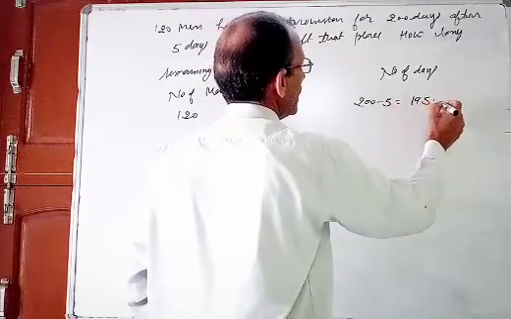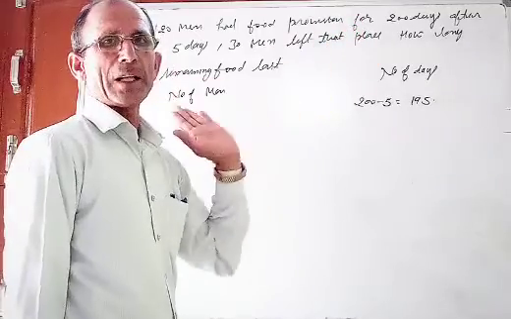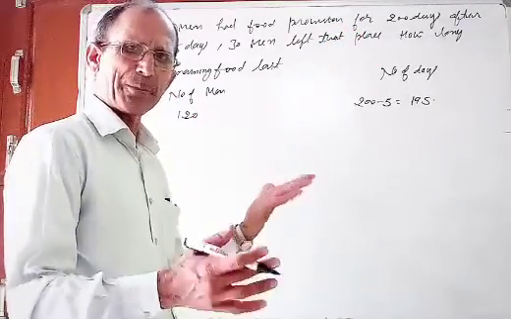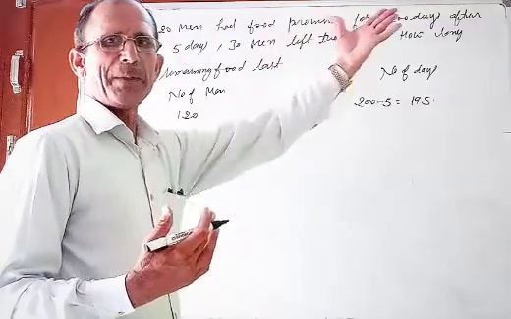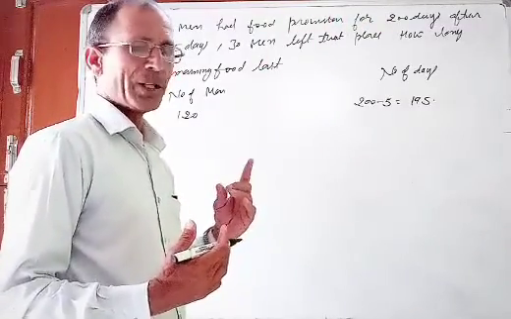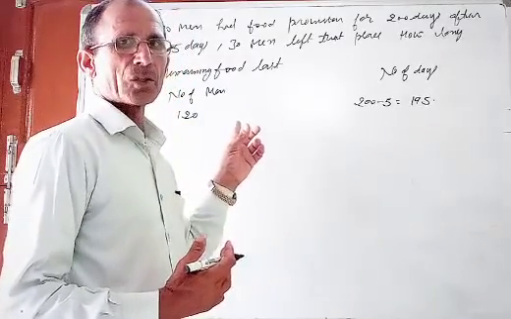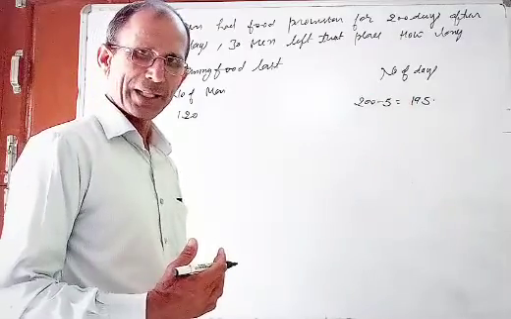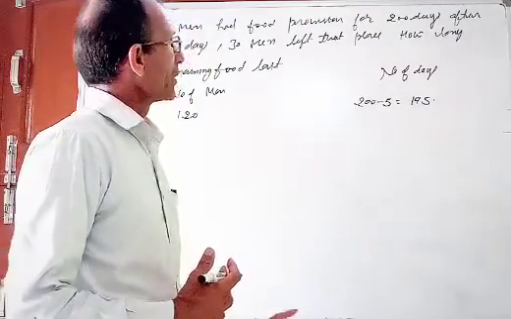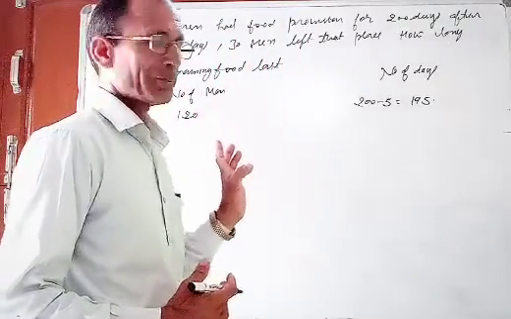Because for 120 men in the beginning, food was enough for 200 days. After 5 days some men left, it means the remaining days are 195. So for 120 men, food is enough for 195 days. Now we have to find, 30 men left.